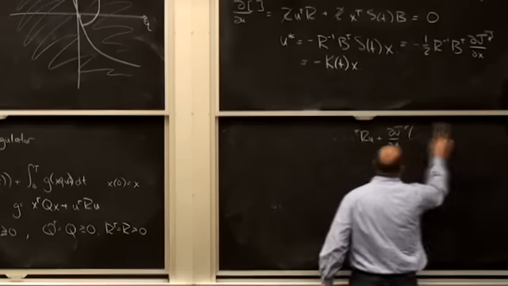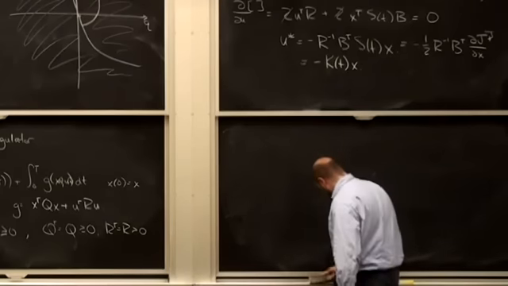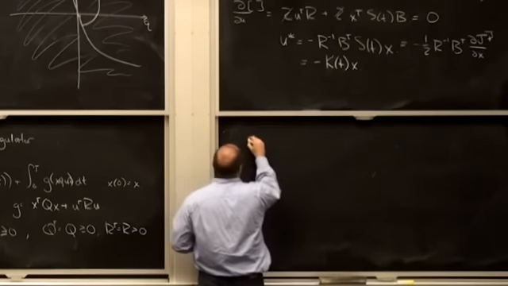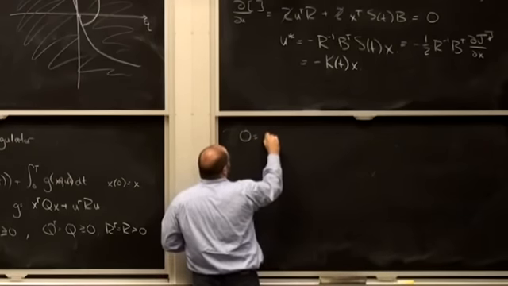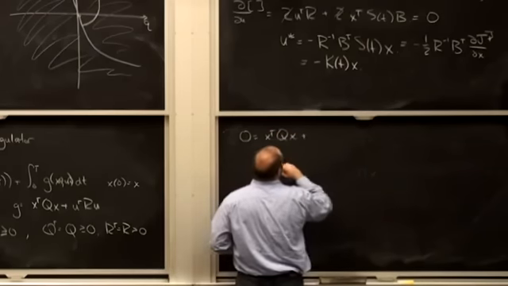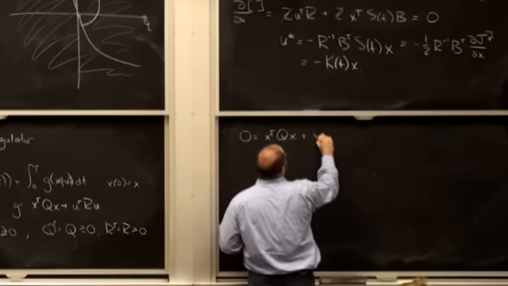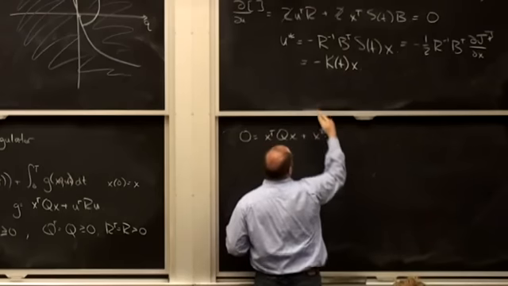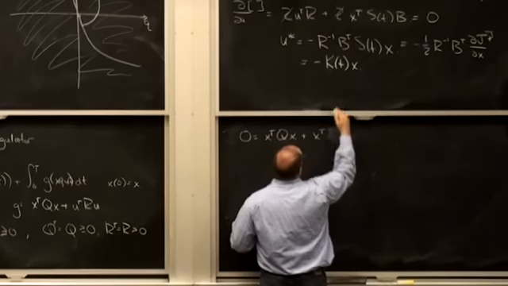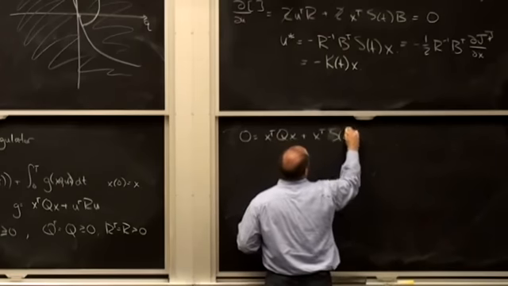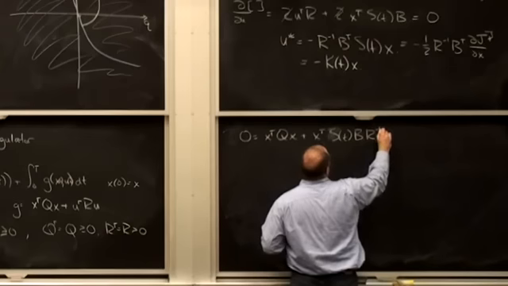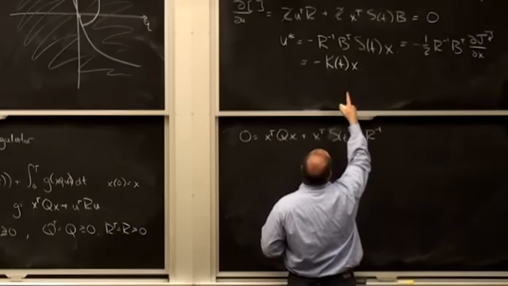So I figured out what the minimizing u is. I can insert that back in. So now I get 0 equals q plus x transpose, I'm going to insert u in, or I'll do the whole thing actually, S of t, B, R inverse times R inverse.